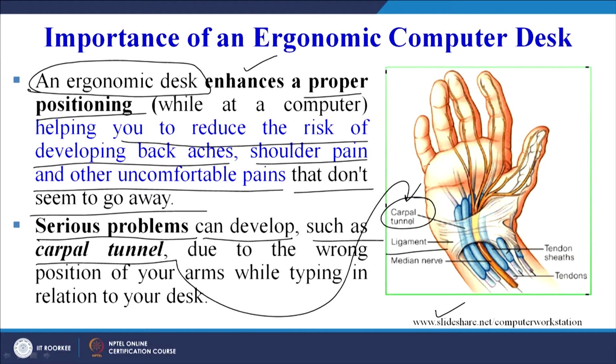The carpal tunnel, due to the wrong positioning of your arms while typing in relation to your desk. So, if our arms are not properly positioned while doing the typing continuously, we may develop this problem of carpal tunnel. So, these type of problems can easily be avoided if we use the ergonomic principles for designing the interaction between the human or the operator and the computer system.